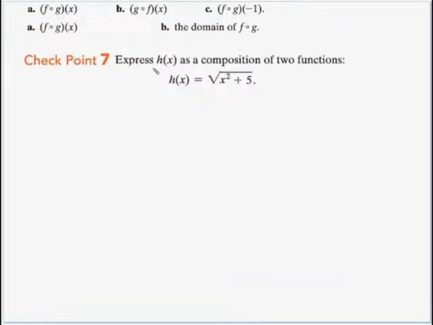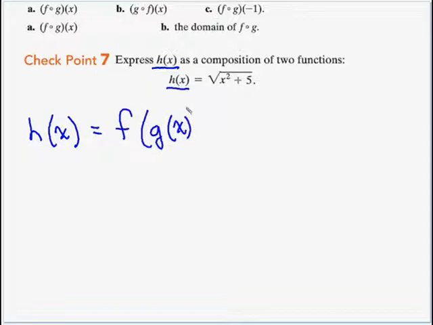Okay, here express h of x as the composition of two functions. So h of x is going to equal, let's just go back to f and g, f of g of x. So there is some inner function that we ran through an outer f function. Well, here it looks like my outer function is going to be a radical.